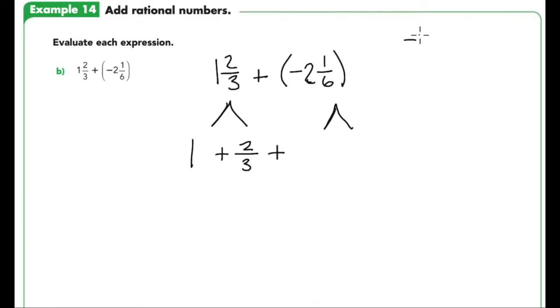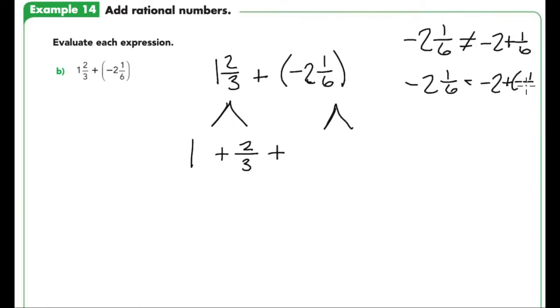So negative 2 and 1/6 does not equal negative 2 plus 1/6. Negative 2 and 1/6 equals negative 2 plus a negative 1/6. It's important to understand when you're splitting up a negative mixed number that all parts are negative. It's not just the first number that's negative, the fraction is also negative.